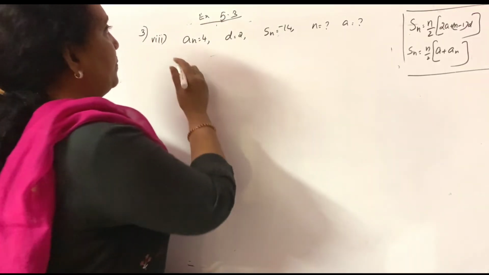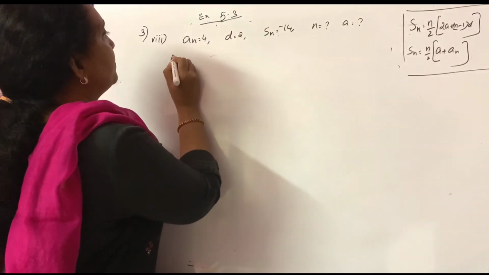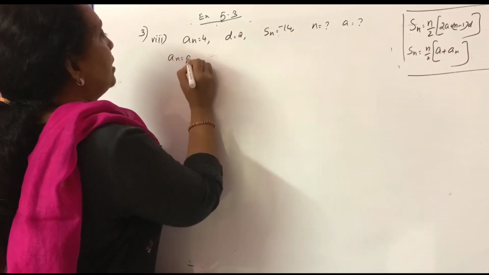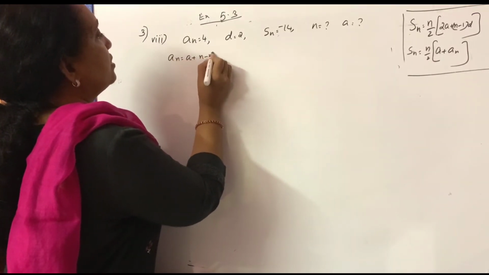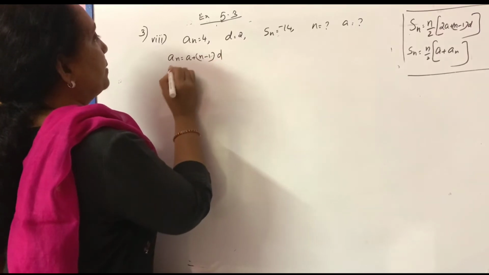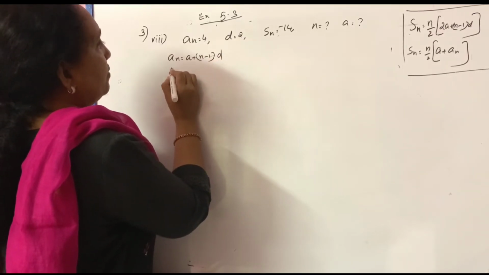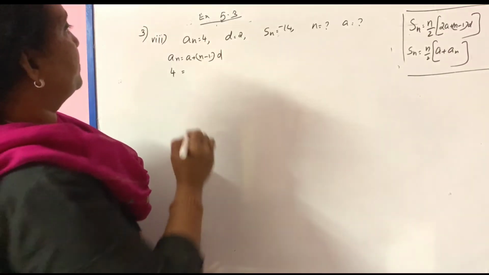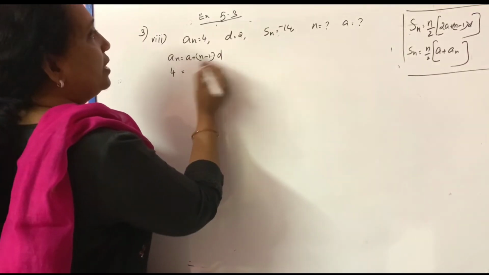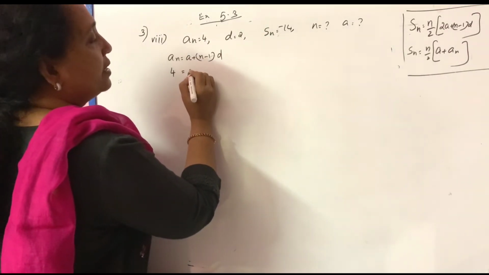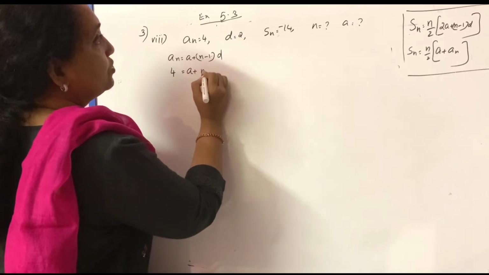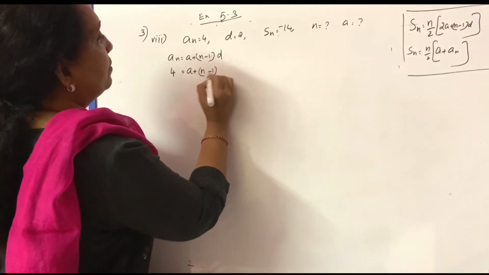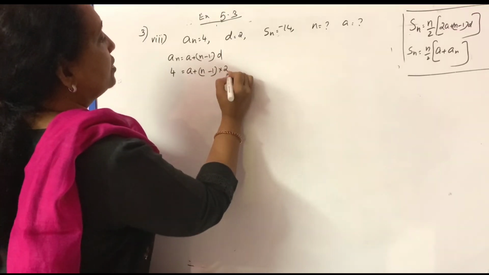Okay, an is equal to a plus n minus 1 into d. Okay, a4 is equal to a, which we don't know, plus n minus 1 into d, which is 2.